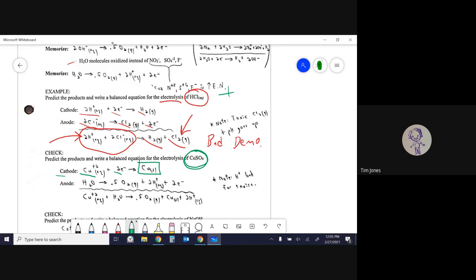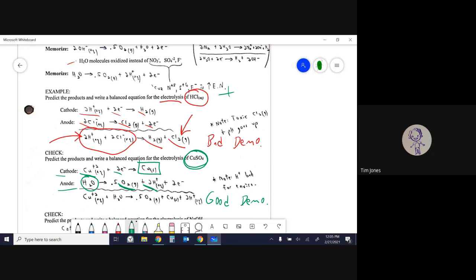And at the anode, the sulfate will not get oxidized. It's one of those ones that water gets oxidized instead. It'll make oxygen gas. So if you were to watch this, you'd see oxygen bubbles coming out. And it makes some hydrogen ions.